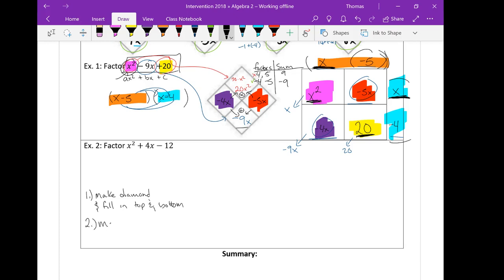Step 2, we want to find the left and right sides of the diamond.